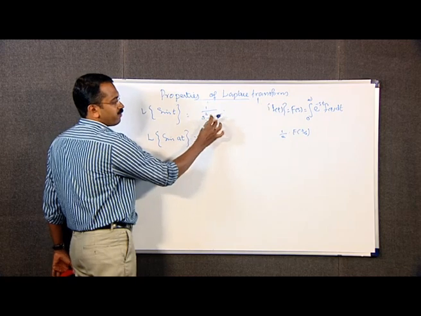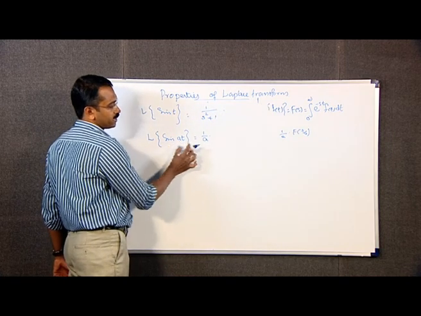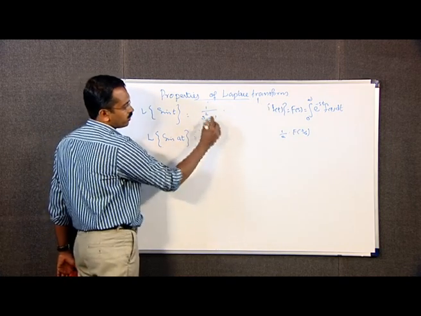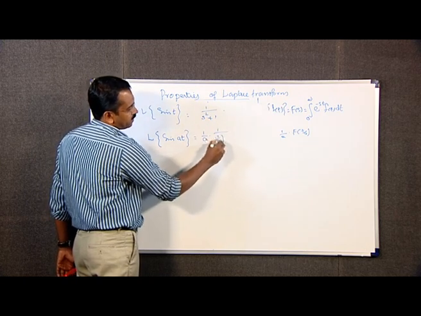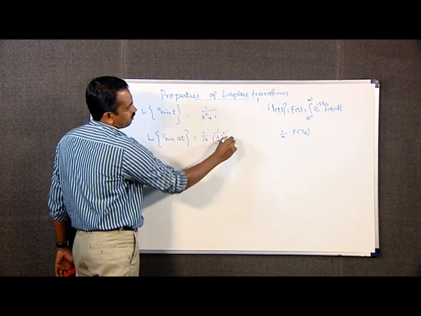Here this is F of s. For this, L of sin a t is equal to 1 by a into 1 by, we have to replace s by s by a, whole square plus 1.